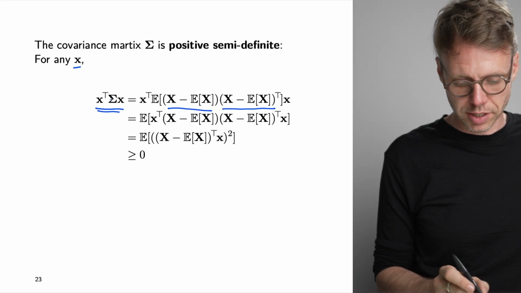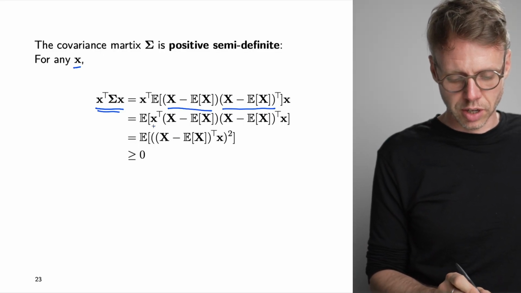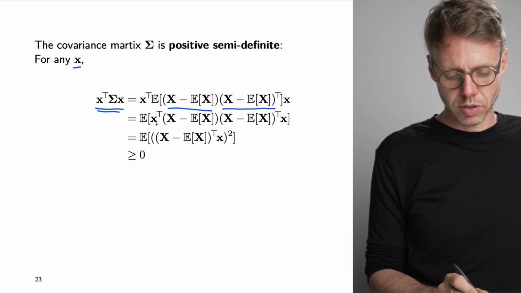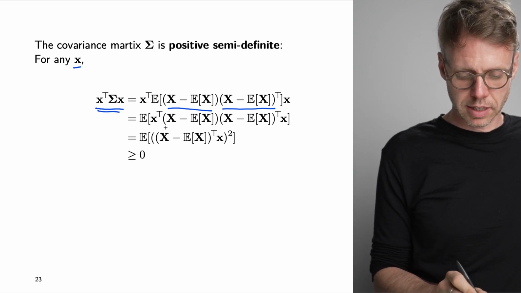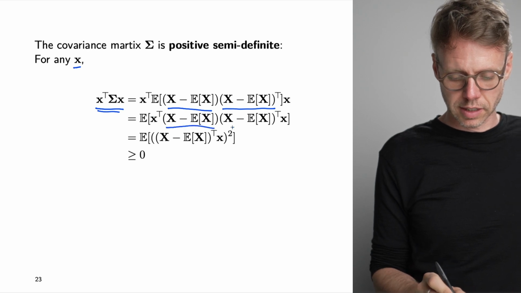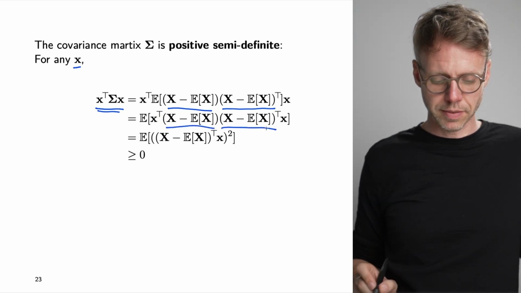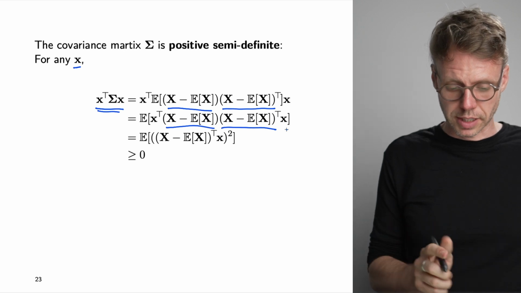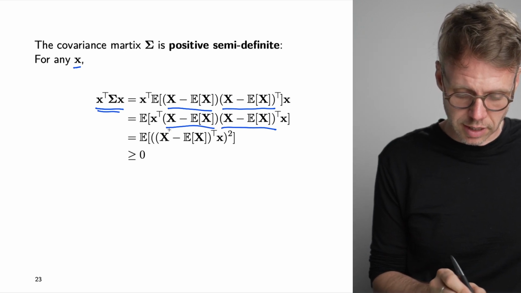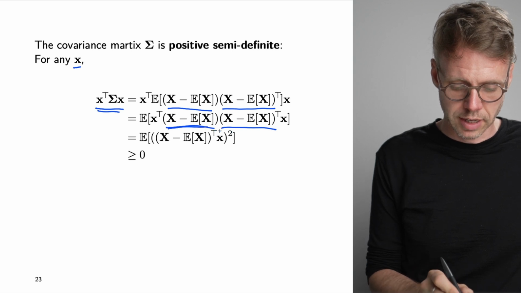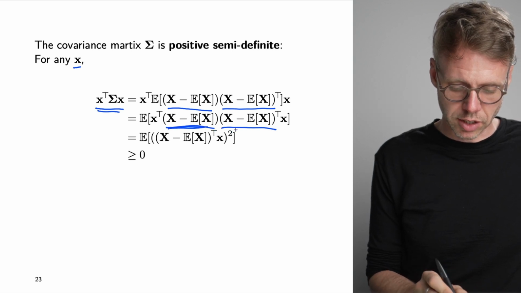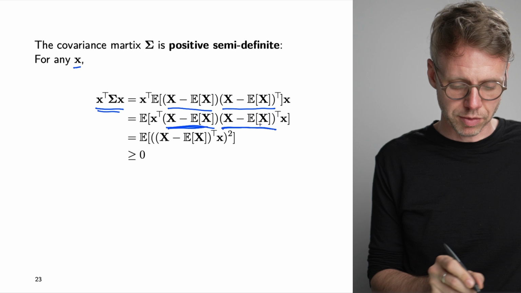So x is, in this case, a constant, so it's the expectation of x transpose times this outer product here.